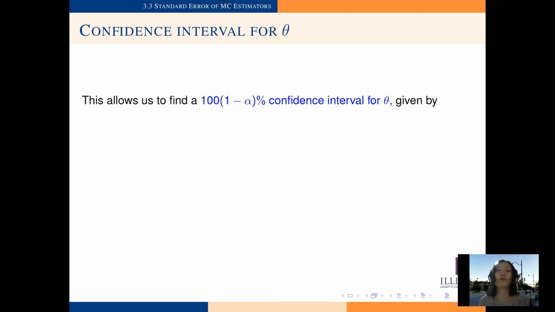This allows us to find a confidence interval for our theta. So suppose that we want to find the 100 times (1 minus alpha) % confidence interval for theta. Then this is given by theta hat minus z times SE of theta hat.